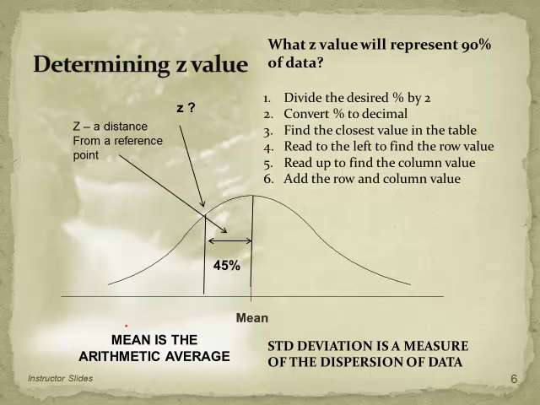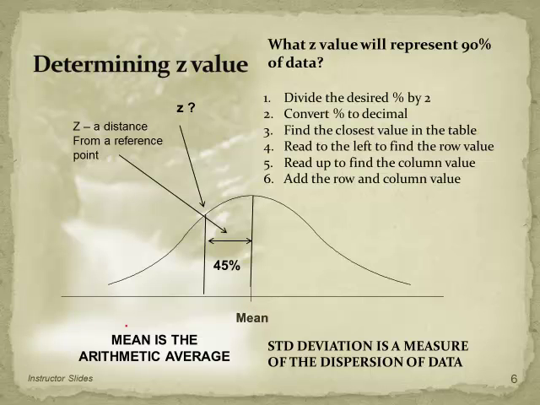So let's take as an example, we would like to know what z-value will represent 90% of the data in a normal distribution curve. In other words, how far away from the mean on both sides represents 90% of the data.